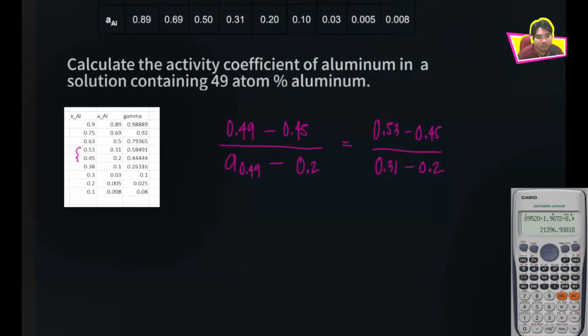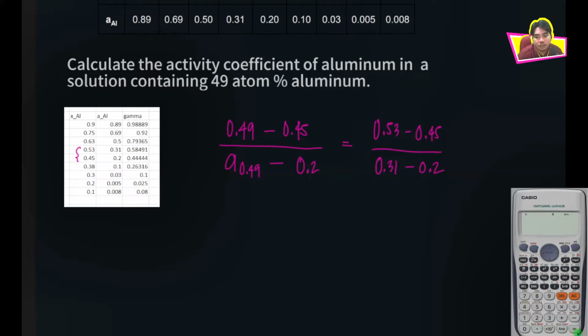Let me compute. Mabilisan lang, shift solve lang tayo. 0.49 minus 0.45, this is our x, yung hinanap natin, minus 0.2 is equal to 0.53 minus 0.45 divided by 0.31 minus 0.2. Let's do shift solve.